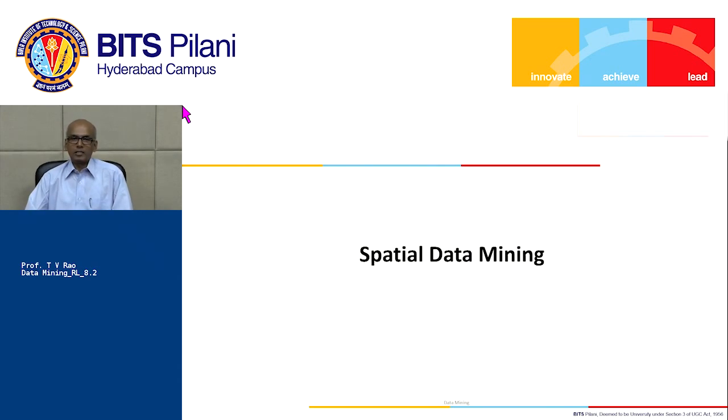And now we look at spatial mining. As we can see, even images have spatial relationships, but there are some data for which the spatial relationship is everything, which is very important.